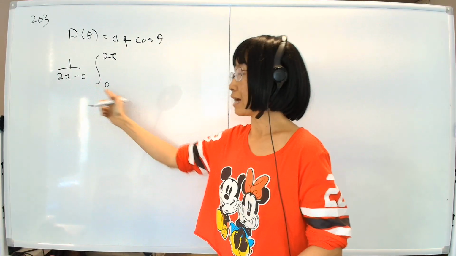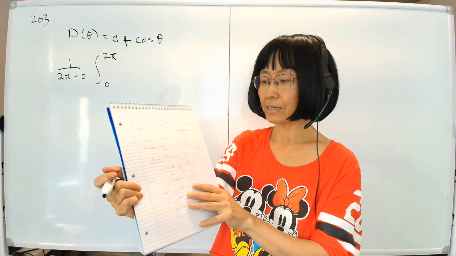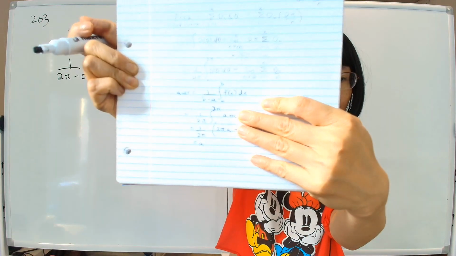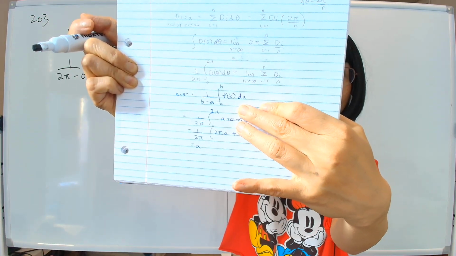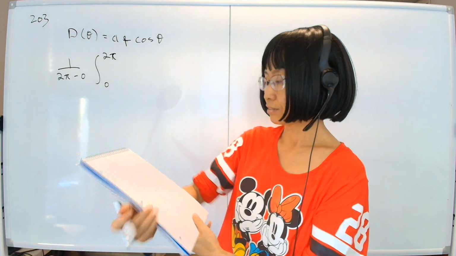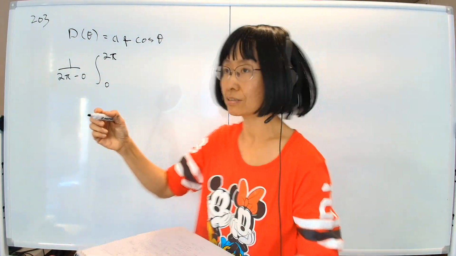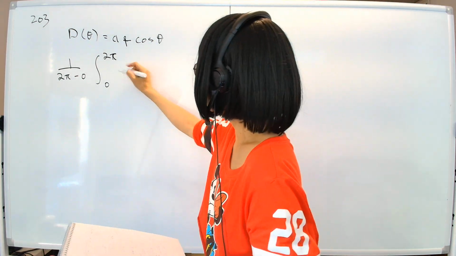The formula for the average is printed in a different part of your book, which is just this one. It is 1 over b minus a, integrating from a to b, f of x dx, the definite integral. Okay, it's defined a couple of sections ago, or maybe last chapter, I don't remember. The point is, so that is the average.